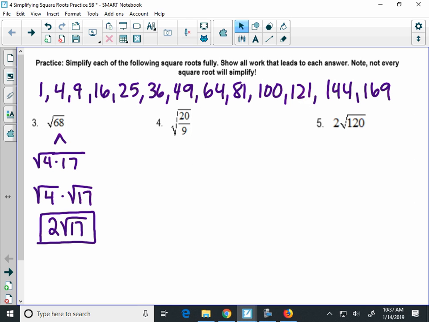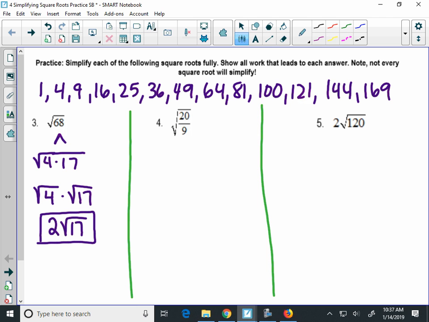Okay, when I go back over here, let's look at number 4. The thing about square roots is that they break up over multiplication, and I can break it up over a fraction. So I'm going to start by rewriting this as radical 20 over radical 9. Now, radical 9 is the easy part. Radical 9 is a perfect square. It's 3. So I can get rid of the denominator already.